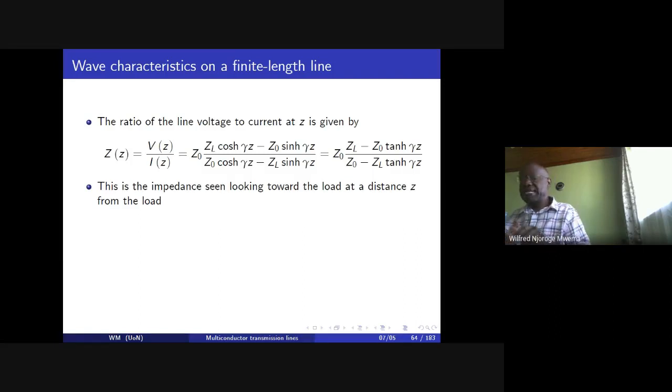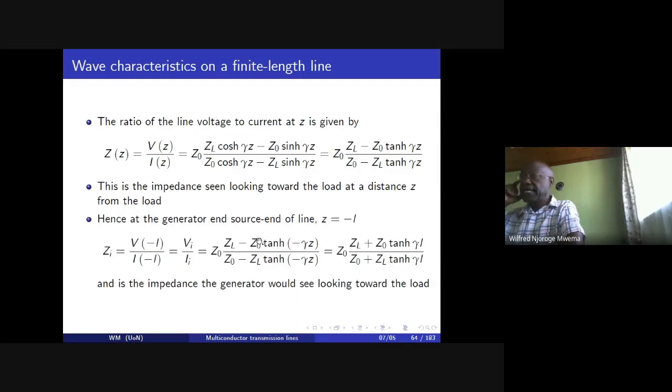If we are at any plane Z and we look towards the load, we'll measure an input impedance given by Z of Z. And hence, when we are at the generator, we can call that the input impedance to the terminated line, terminated in ZL, and we can write Z equal to minus L, and we get that the input impedance, defined as the line voltage at the input, that is at minus L, over the input current at minus L, is going to be given by VI by II, which is Z0, ZL minus that tangent and so forth.